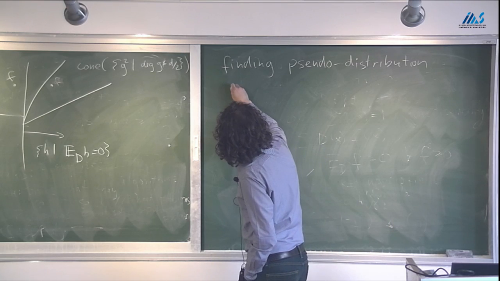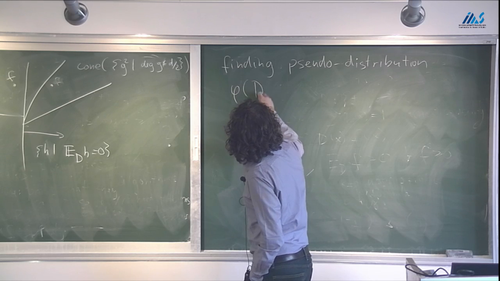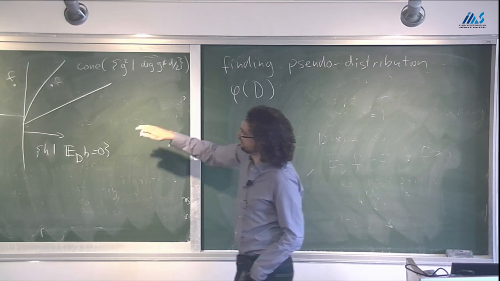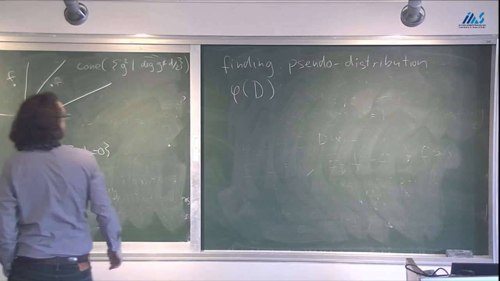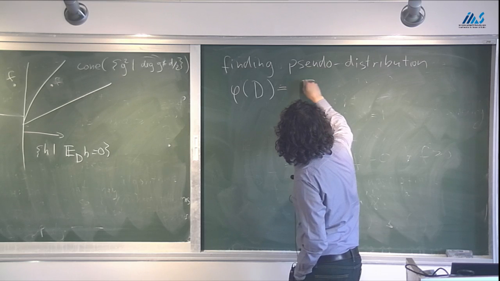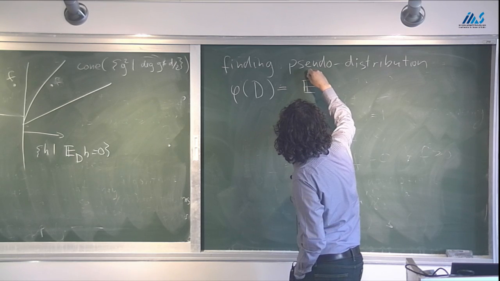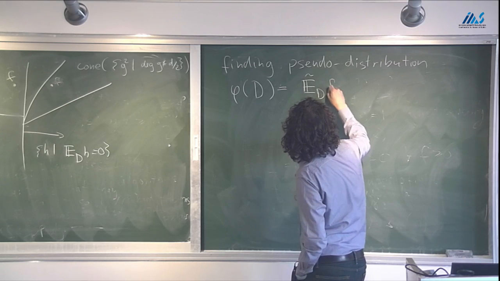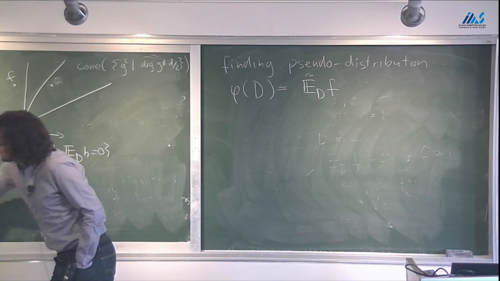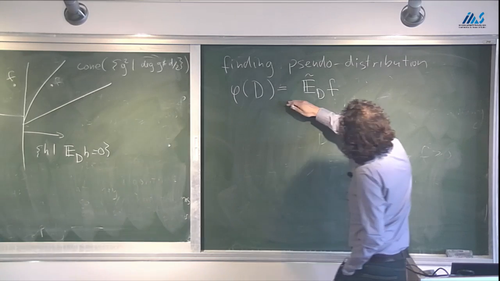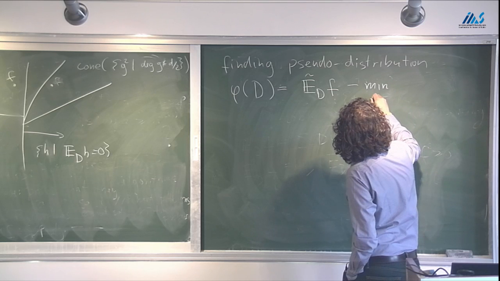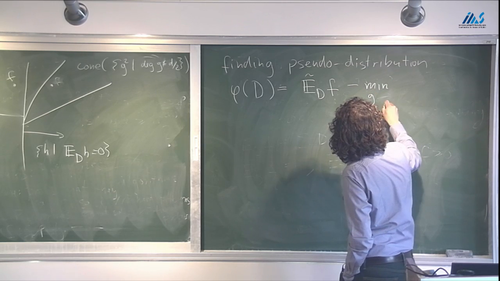You can set up a convex function on the space of these kinds of functions. You're trying to find a pseudo-distribution where the expectation of f is negative. So let's look at this kind of function, for all g with degree g.